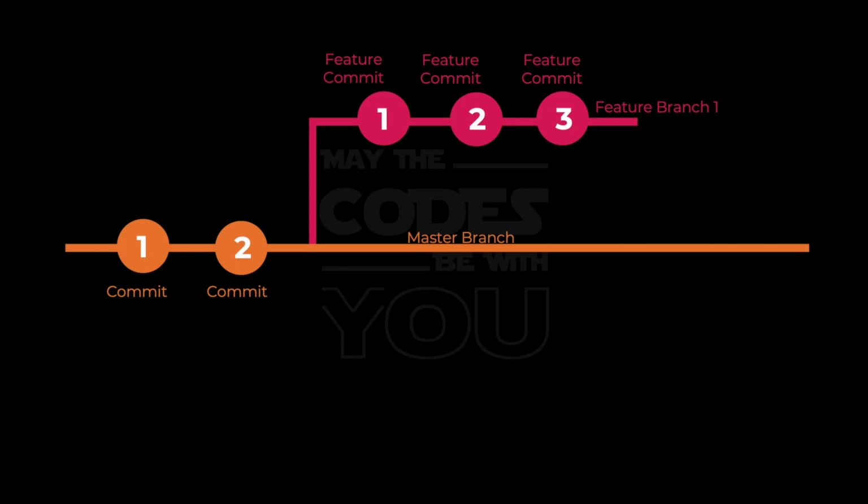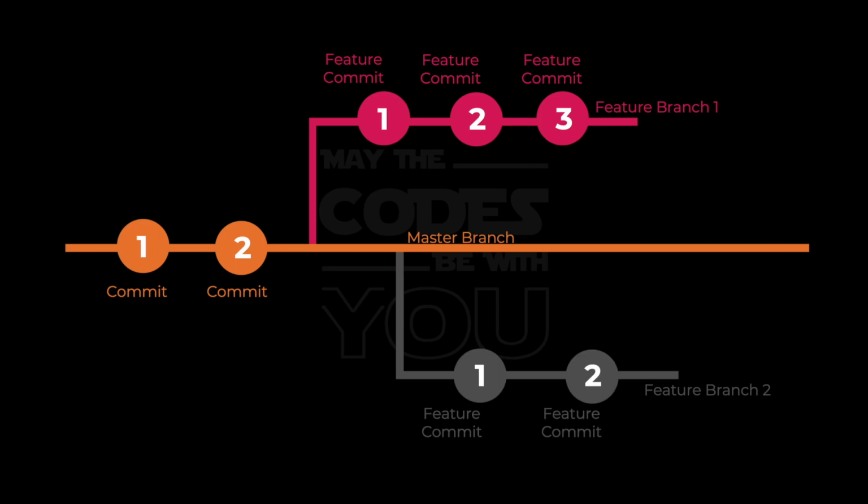Also, let us say you have created another branch, feature branch 2, and you have made another 2 commits. We can say that this feature branch 2 is made by one person, and feature branch 1 is made by another person. In summary, the project is on the master branch, and then you hired 2 people to work on your project separately.